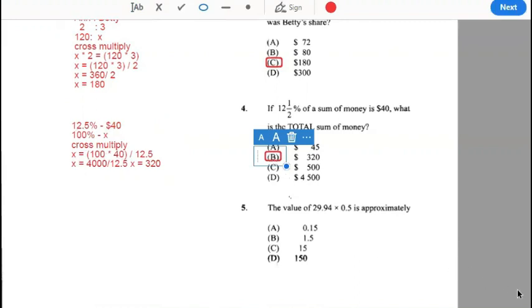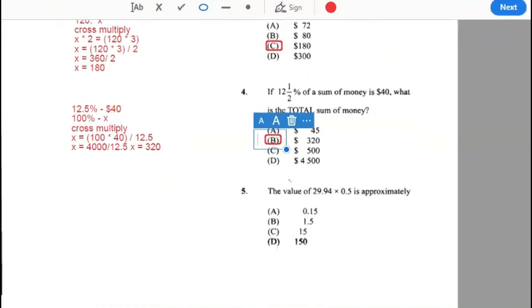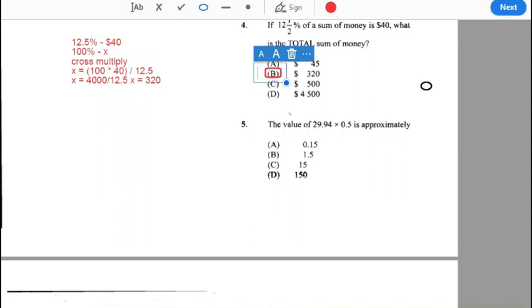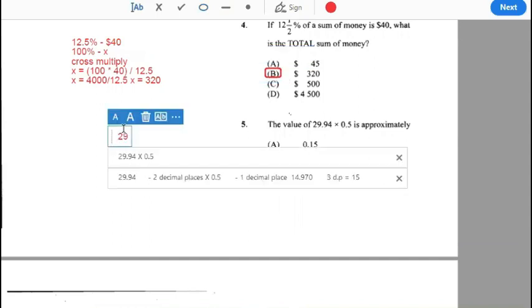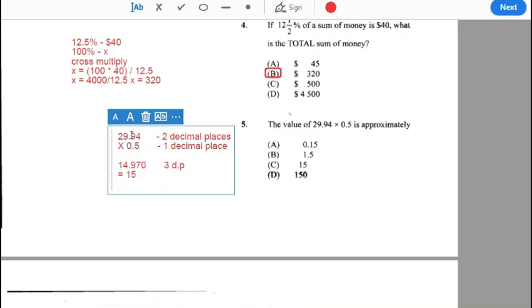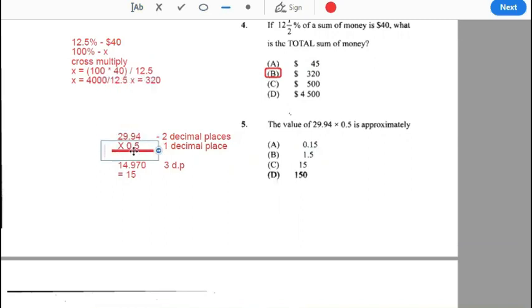Question 5. The value of 29.94 multiplied by 0.5 is approximately... So it is 29.94 multiplied by 0.5. So it's 5 4s 20, 0 carry 2, 5 9s 45 plus 2 give a 47, 7 carry 4, 5 9s 45 plus 4 give a 49, 9 carry 4, 2 5s 10 plus 4 14.